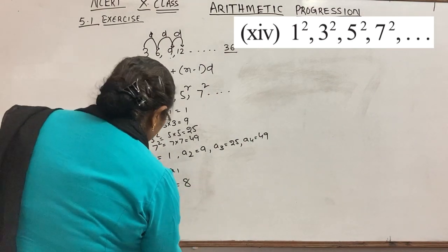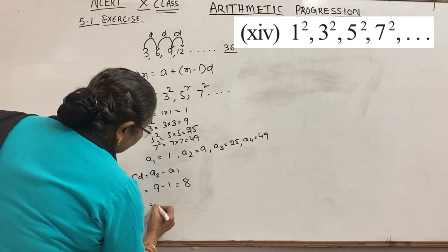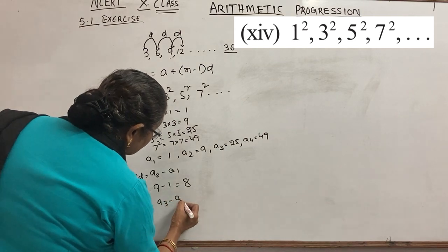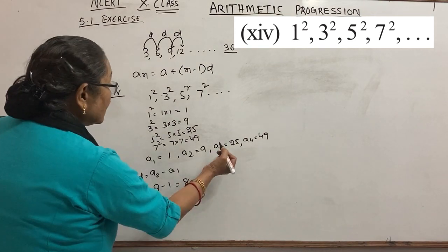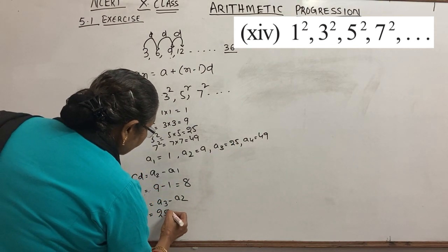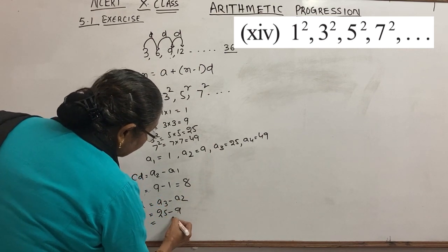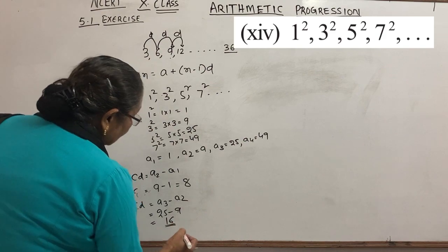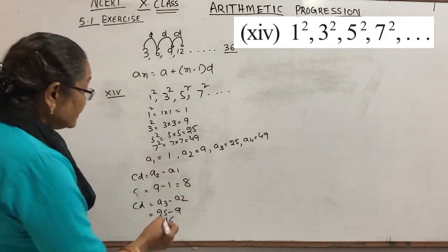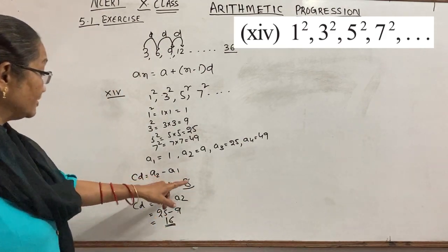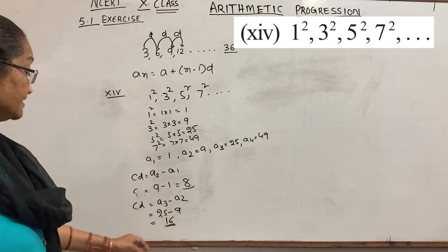Similarly, another one is A3 minus A2. A3 is 25, 25 minus A2 which is 9. So 25 minus 9 is 16. You see the common difference is not the same. Here A2 minus A1 is 8 and A3 minus A2 is 16.